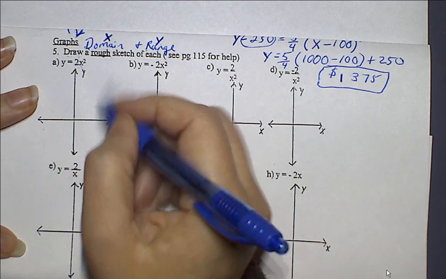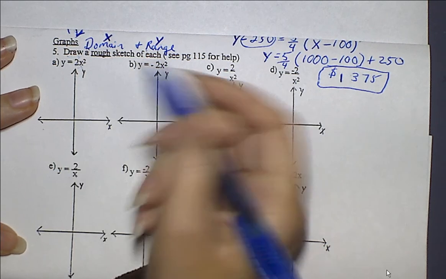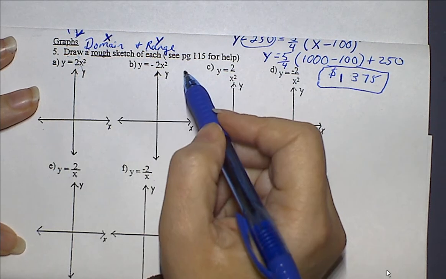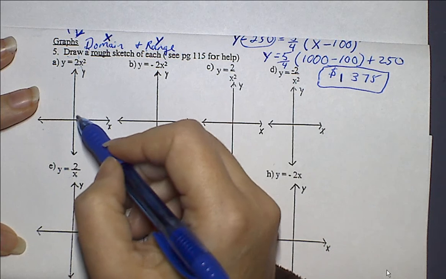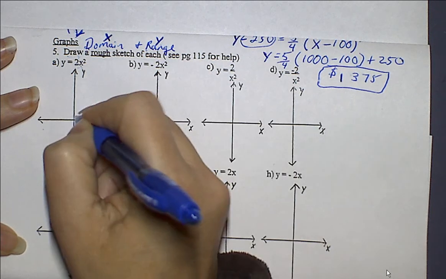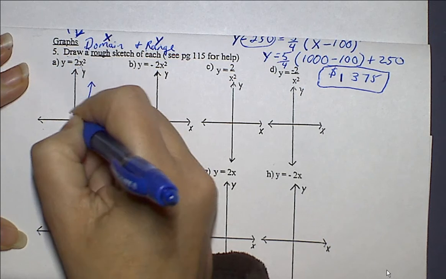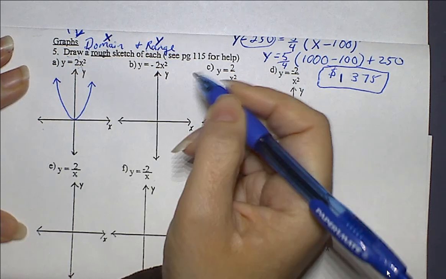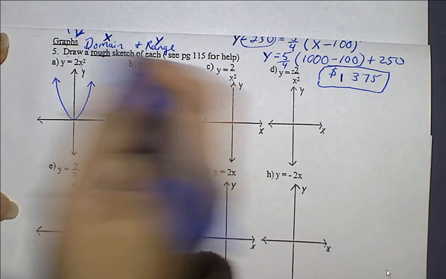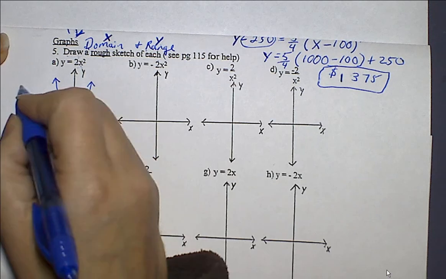All right. So what does the graph y equals 2x squared look like? Well, if you don't know, you either have to put it in your graphing calculator or put it on your 8.5 by 11 sheet of paper. But that is a parabola, and your parabola would have a domain, what your x could be.